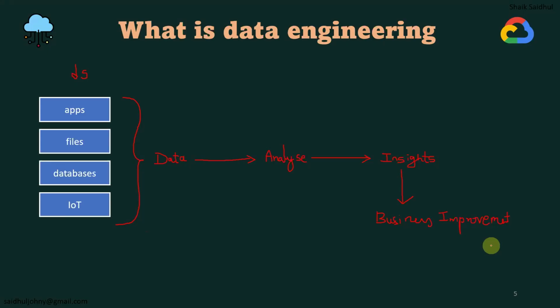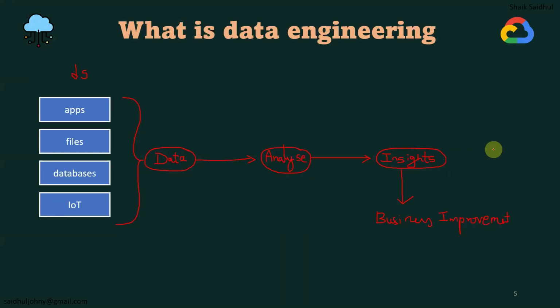So if you want to improve the business, you need to get some ideas, or some information on how to improve it. So what is data engineering? Data engineering will help you analyze this data, so that when you analyze it, you get information in the form of an insight, and these insights are very, very useful for business improvement.